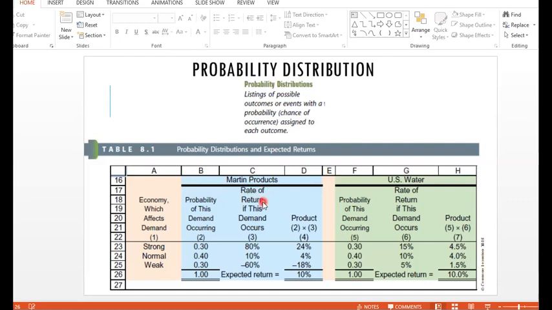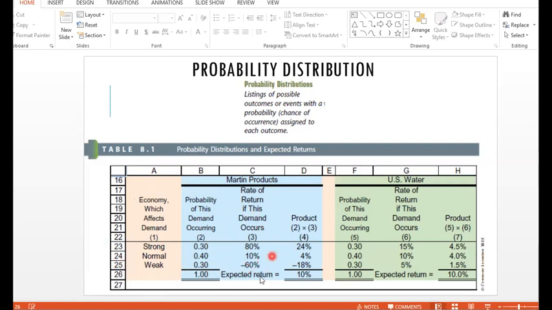Here are the rates of return on Martin's products if this demand occurs. If the economy is strong, the rate of return would be 80%. If the economy is normal, the rate of return is 10%. And if the economy is weak, the rate of return would be negative, which means a loss, a 60% loss.